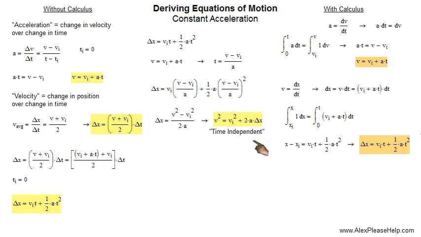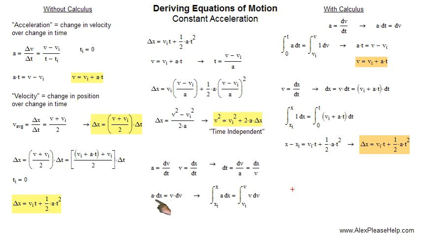The time-independent equation can be derived using calculus as well. Going from the definitions of acceleration and velocity, they can both be rewritten to solve for dt. dt equals dv over a equals dx over v. Using these second 2 fractions here, you have a dx equals v dv.